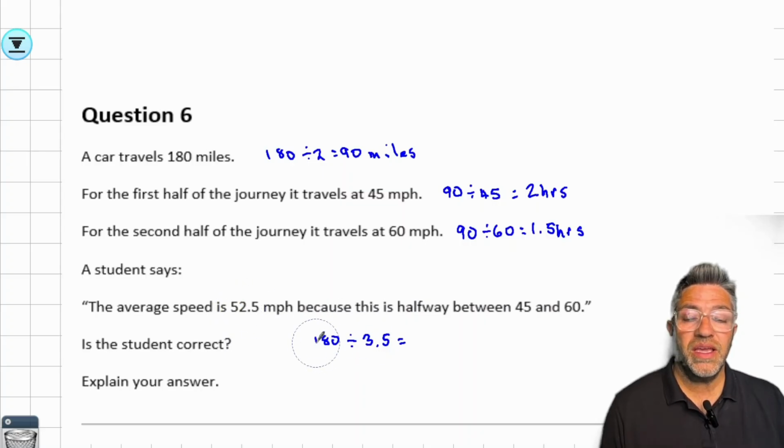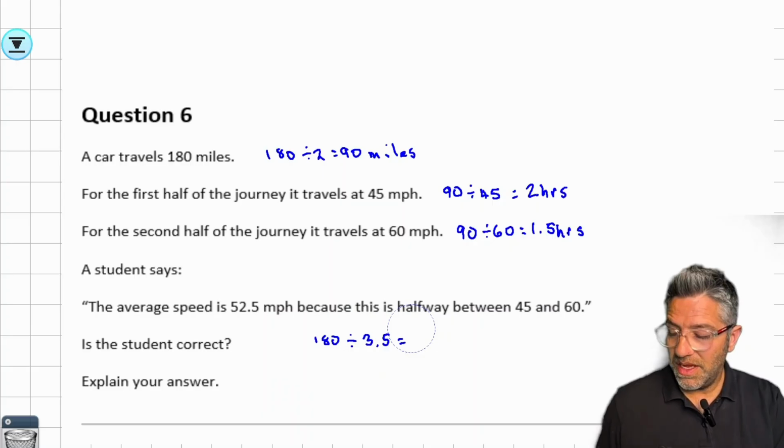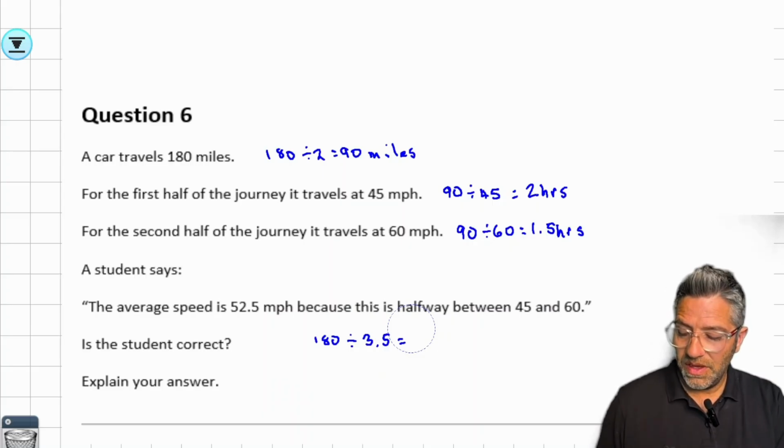Now, I think this student is going to be quite close, 52.5. You can estimate here, 180 divided by 3 is 60. So it's going to be less than 60. At this point, I would suggest taking a calculator because it is going to be close. 180 divided by 3.5, execute. This is why we need to get familiar with our calculators.